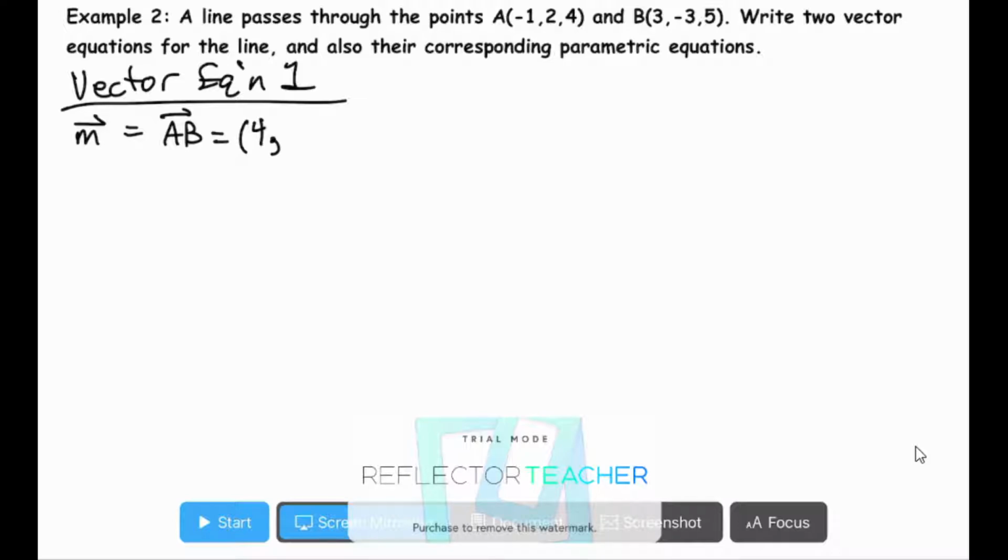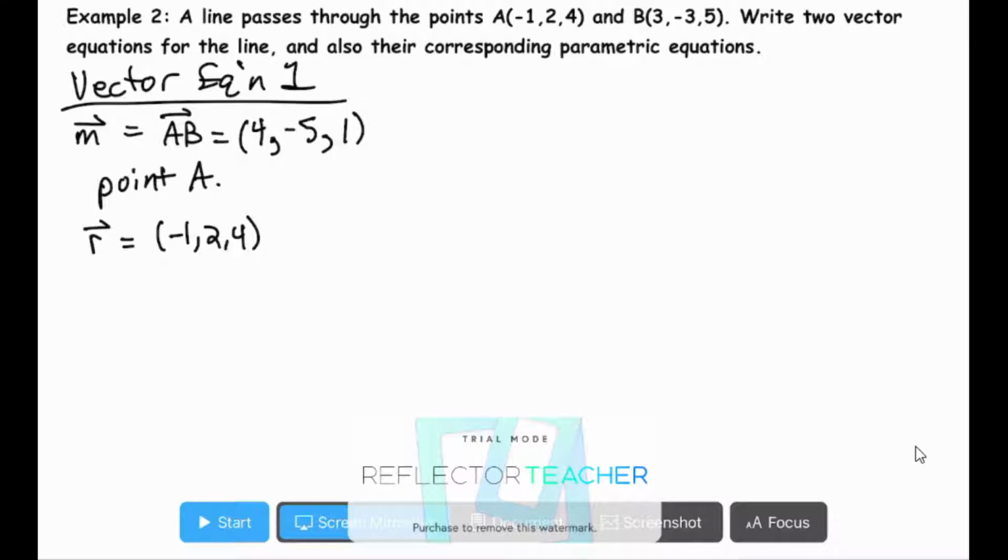This gives us m. Using point A, let's define our vector equation. So r is going to be equal to our point, -1, 2, 4, plus t. Doesn't really matter what letter you use, whether it's t or s, it's still a parameter. And our direction vector, 4, -5, 1, where t is an element of the real numbers.